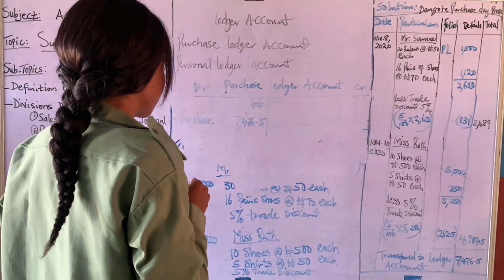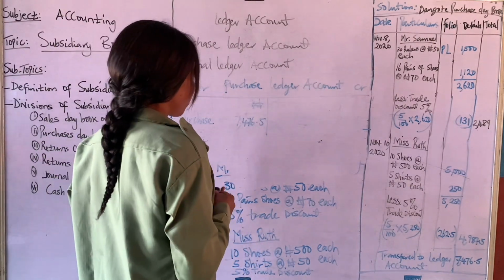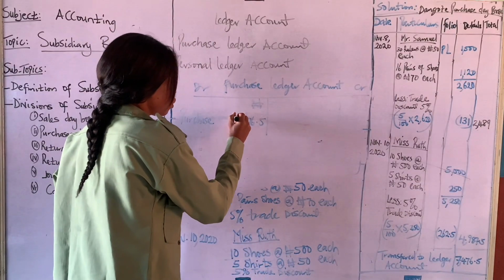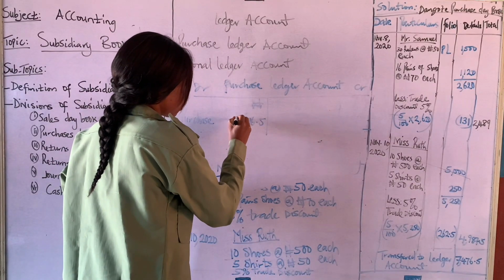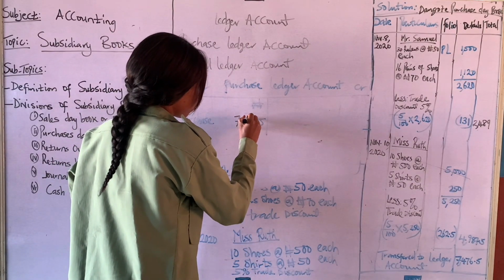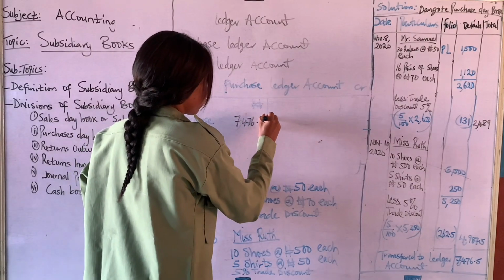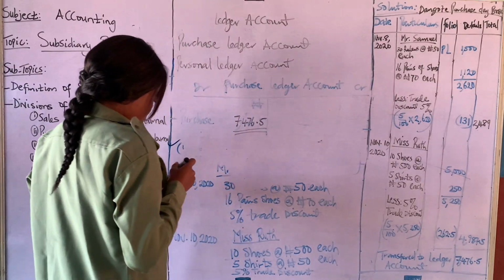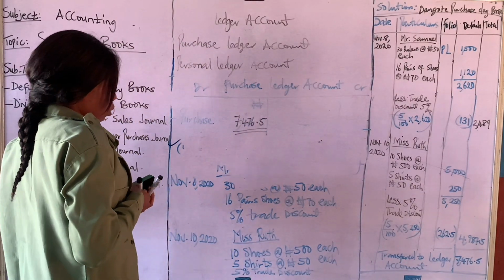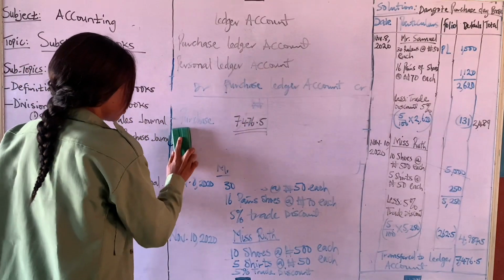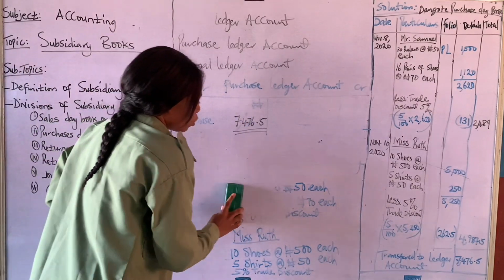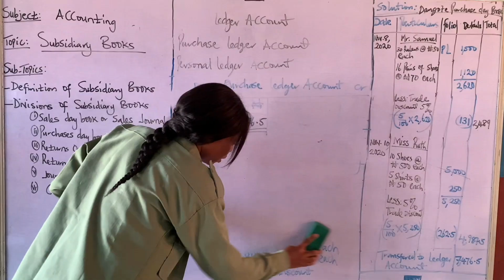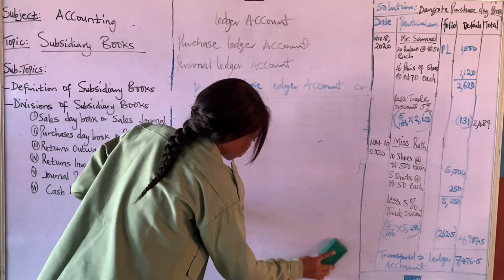That is the amount you post under the purchase ledger. That's the amount you post, 7,476.5 kobo. So let's look at how we will post the rest under the personal ledger account now.